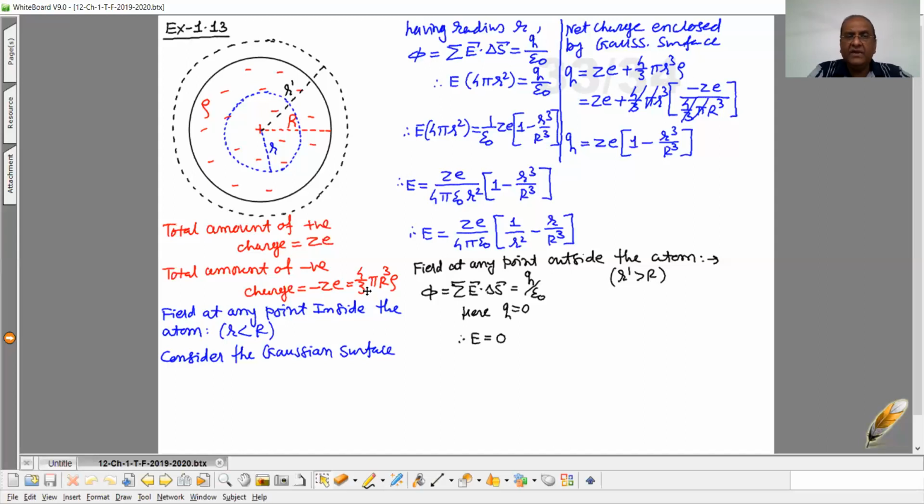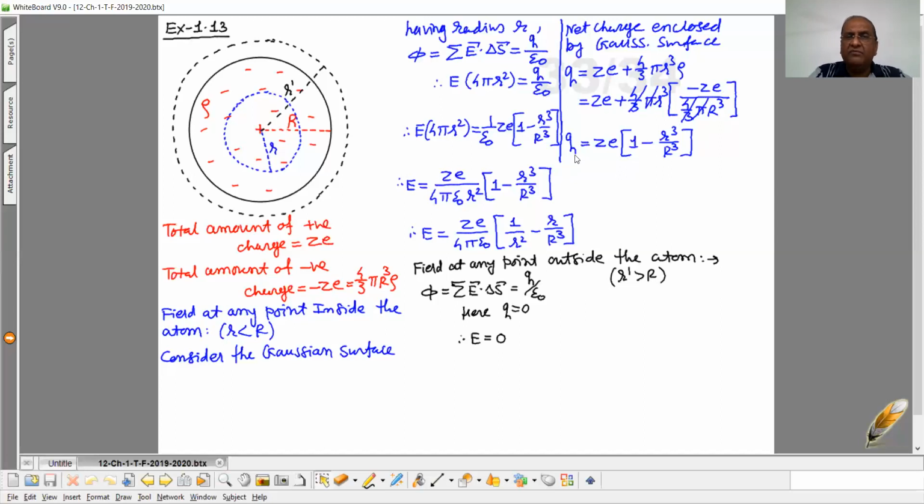Now here rho is minus Ze upon 4 by 3 pi R cube. So Ze as it is, 4 by 3 pi r cube as it is, and rho is replaced by minus Ze upon 4 by 3 pi R cube. Resultantly the 4 by 3 pi cancels, and taking Ze common, Q equals Ze into 1 minus small r cube upon capital R cube.